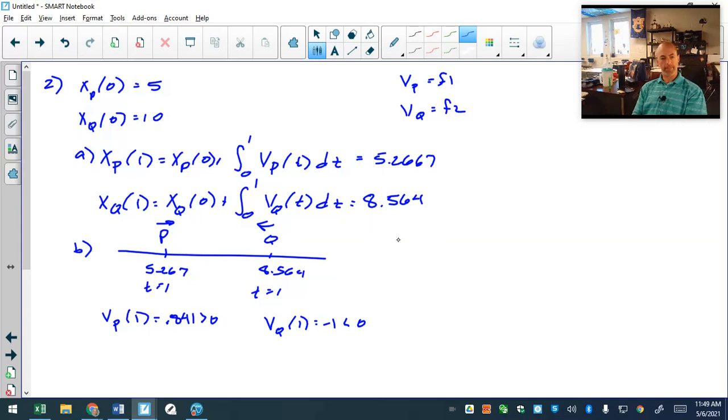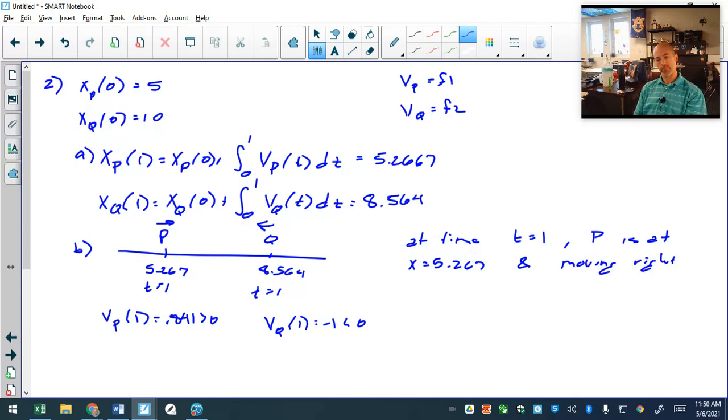And so, geez, I don't want to write a paragraph. Okay, so at time t equals 1, P is at an x coordinate of 5.267 and moving right because the velocity of particle P at time 1 was positive.